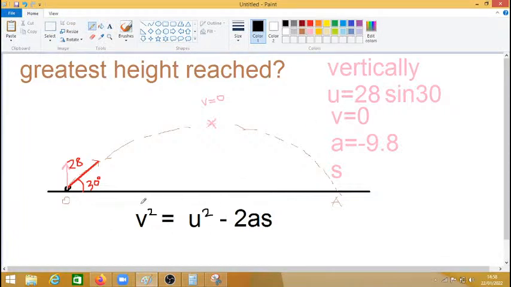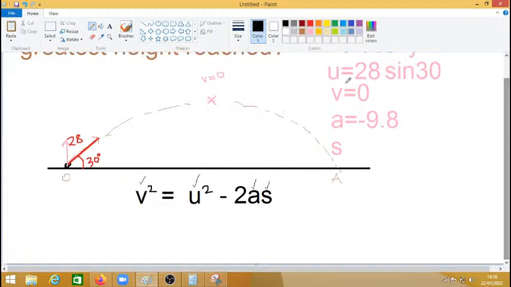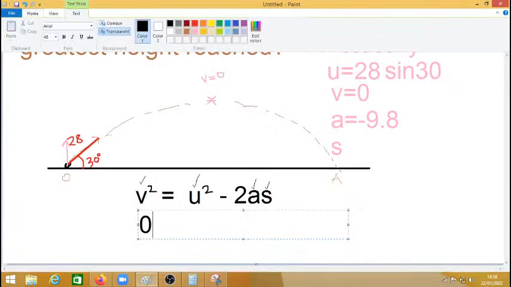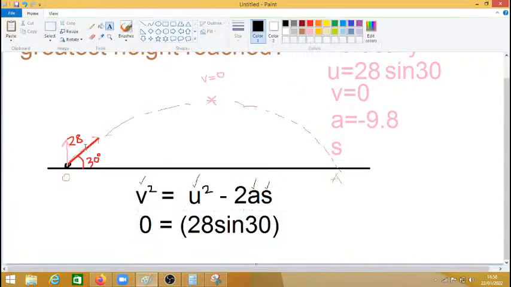The v is equal to 0. The u is equal to 28 sine 30. The acceleration is minus 9.8. And the s is unknown. So it looks like we've got everything we need. Let's put that in. So the vertical velocity is 0. The u is 28 sine 30, and that gets squared.